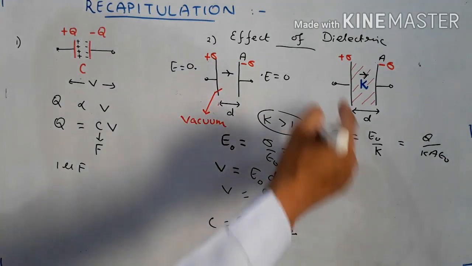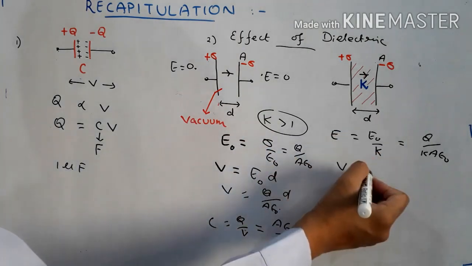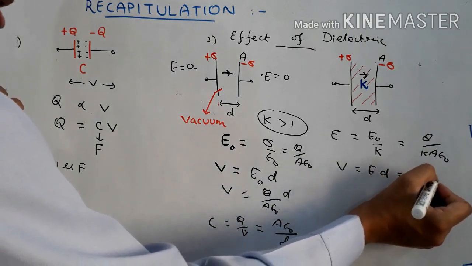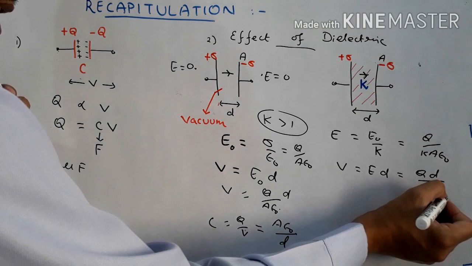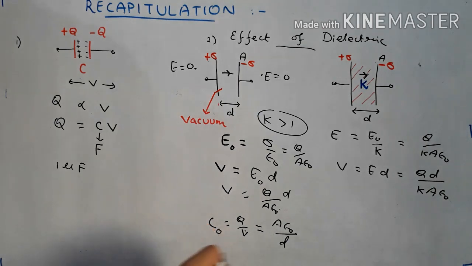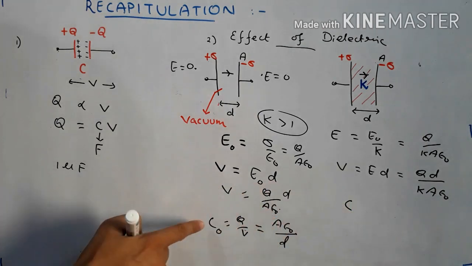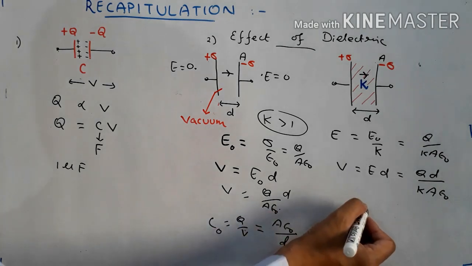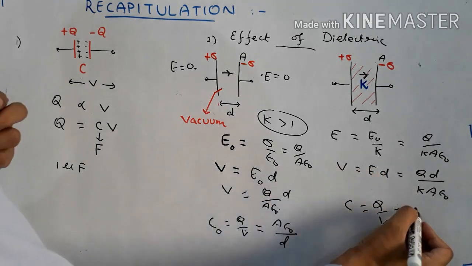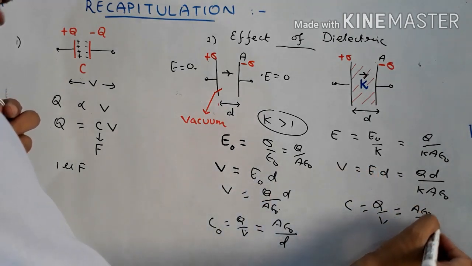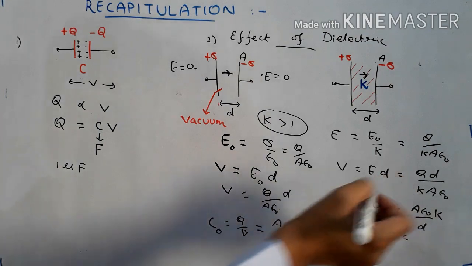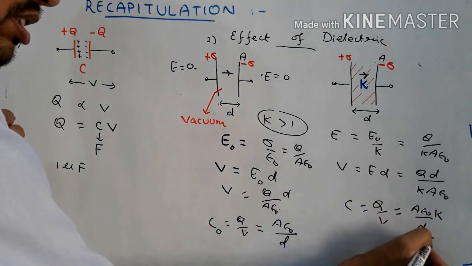Then the potential difference between the plates will become the new electric field E times d, that is Q d upon K A epsilon naught. Therefore the new capacitance, if I write the original capacitance as C naught, the new capacitance C will be Q upon V, which becomes A epsilon naught upon d multiplied by K. A epsilon naught by d is nothing but C naught, so I can write K times C naught.